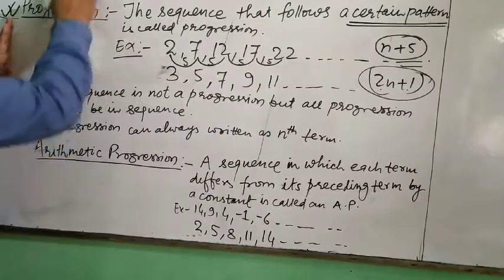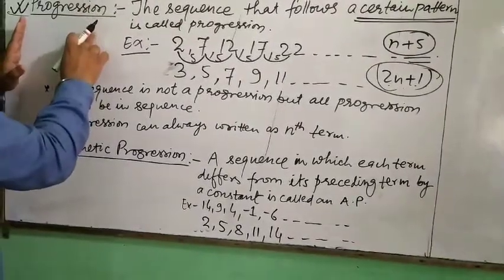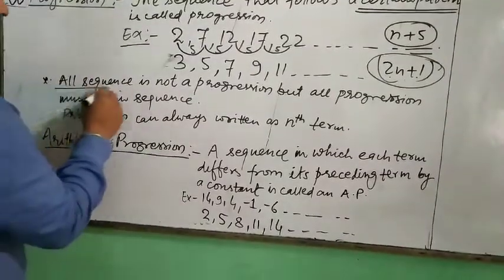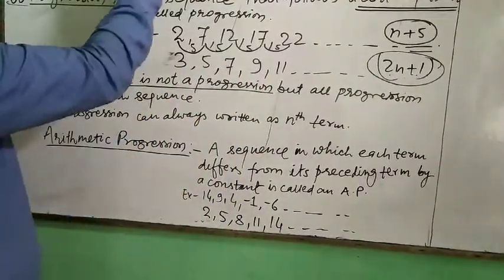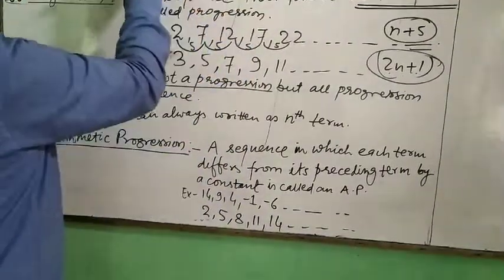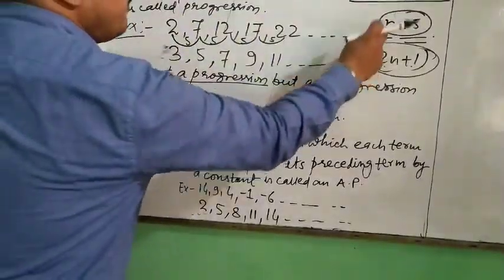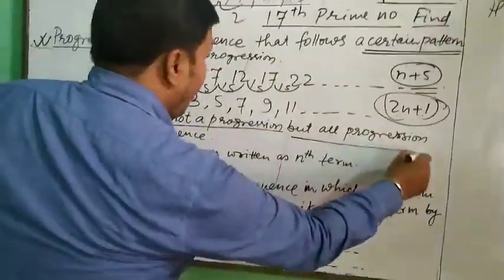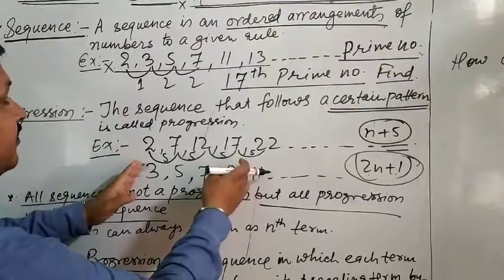In this way, by the sequence and the progression, we can say that all sequences are not progressions. This is a sequence, but it is not a progression. It has no pattern. But all progressions must be sequences.